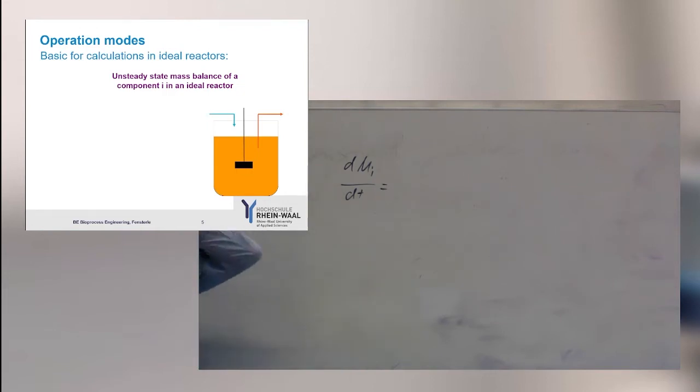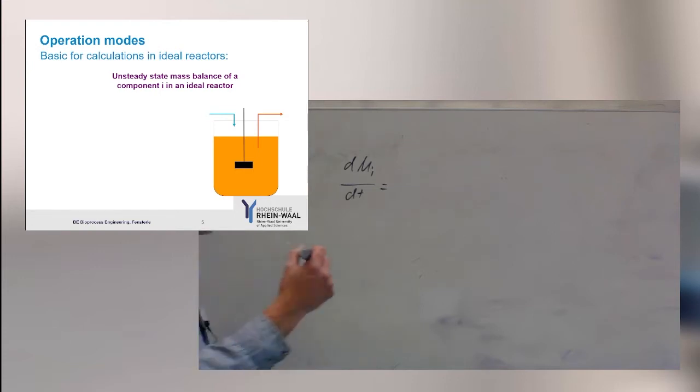It's just, in this case, a mass balance which is unsteady, so it's not fixed, it's varying here. Everything which goes in minus everything which goes out plus everything which is being produced or consumed. It's the same.